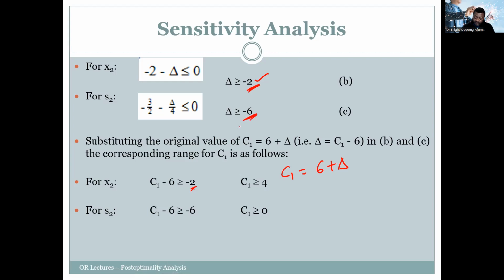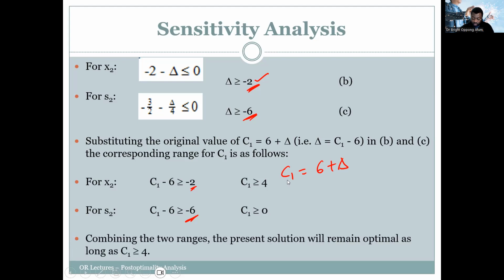And when we put S2, the delta is -6. When you put it here, then you are going to get C1 greater than or equal to 0. So by combining the two, we'll see that C1 is greater than or equal to 4. So this one too is the same thing.